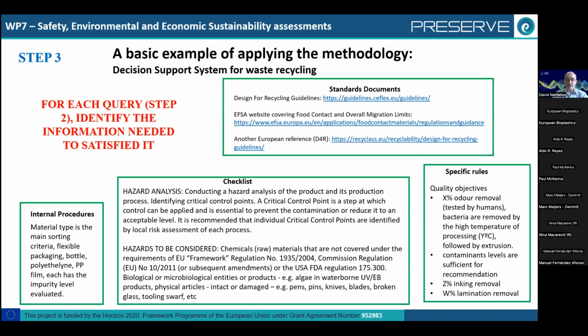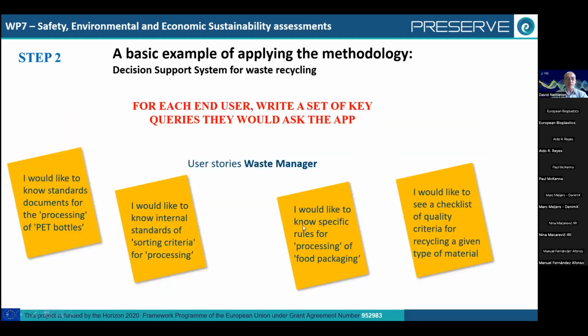Contaminant levels are sufficient for recommendation. Z% inking removal, W% lamination removal, and so on. So there we'd have these specific figures, which might be ranges or thresholds or whatever specific rules. So that would be information which is collected for user query number 3.